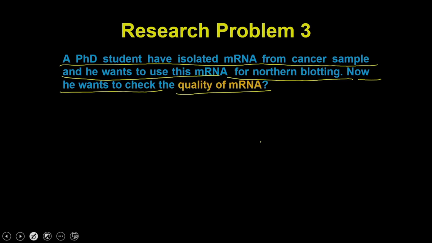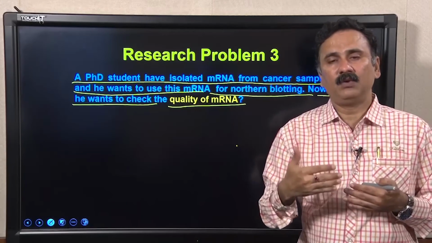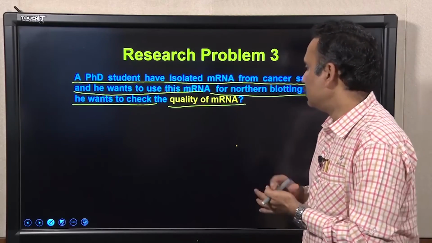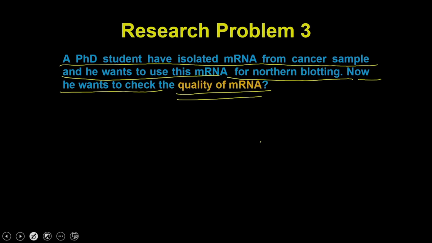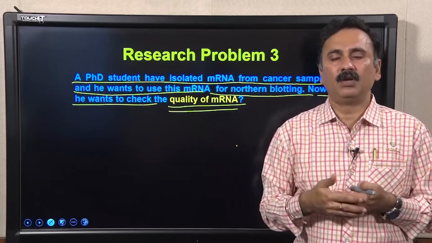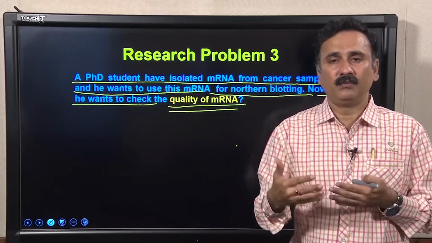When you want to do northern blotting, which we are going to discuss in our subsequent lectures, the first thing is you have to know the quality of the messenger RNA, which means whether it is intact or whether it is degraded. Because if you use degraded messenger RNA, then your northern blotting results are not going to be accurate, and they are not going to be conclusive.